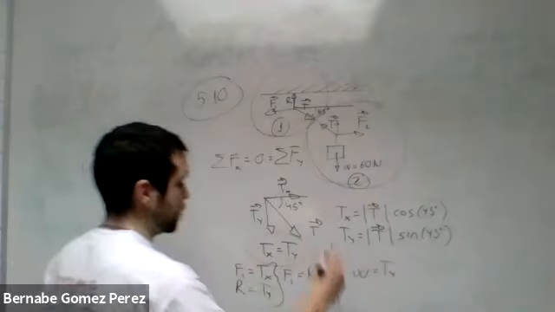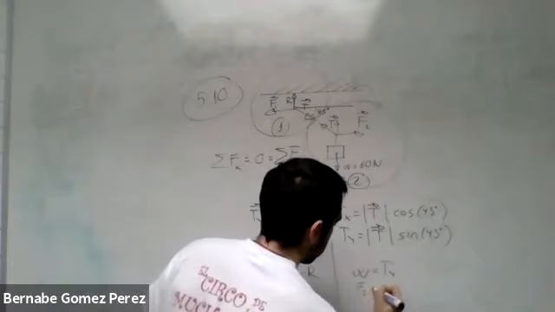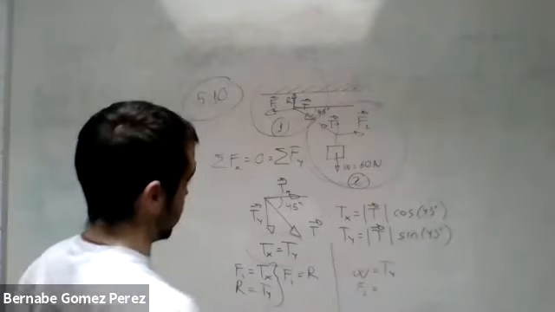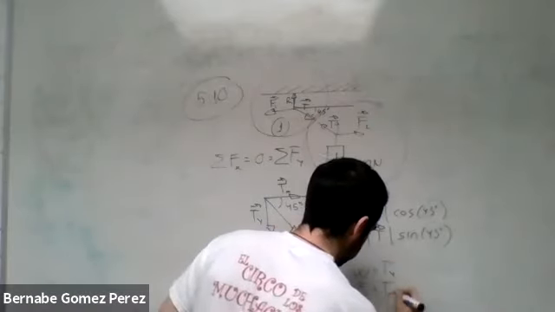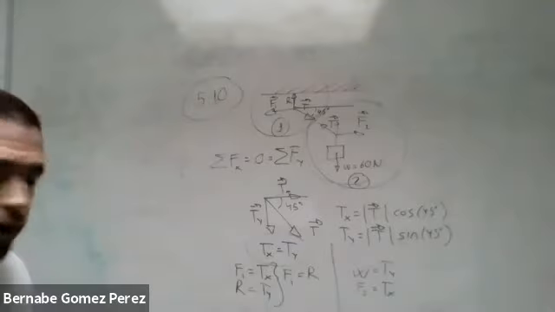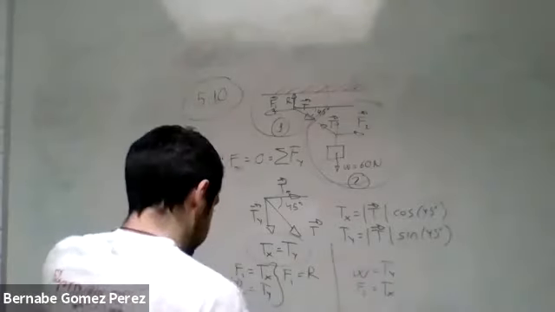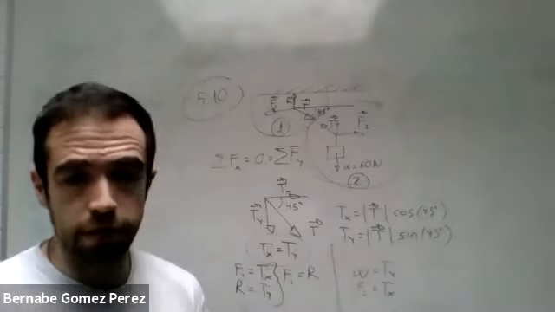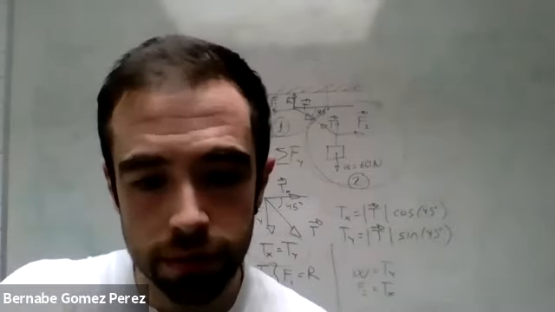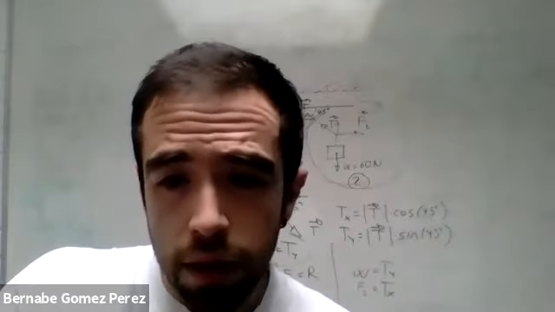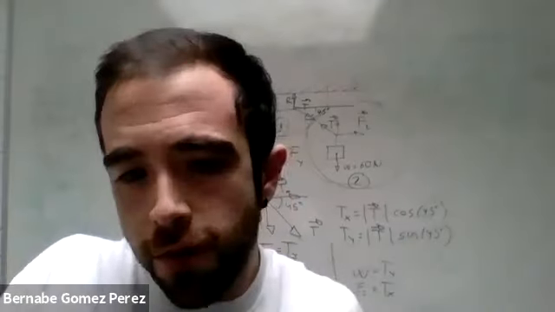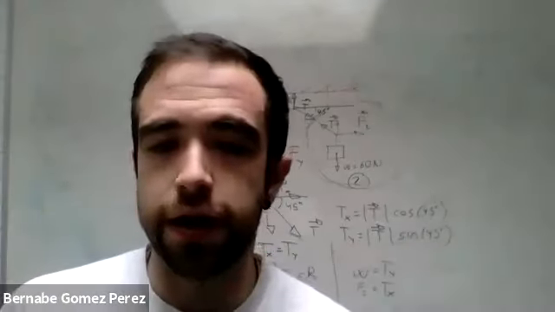And I know that F2 is going to be equal to Tx. Easy, right? So I know I have W, so I can calculate Ty and Tx. I can calculate everything here. Okay, so find the magnitudes of the horizontal forces, etc.